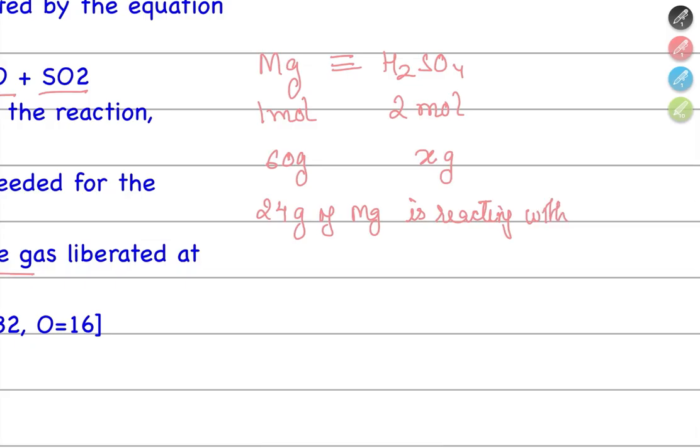Now 2 moles you can convert into mass by calculating the molar mass of sulfuric acid and multiplying by 2. RMM of sulfuric acid is 98, so it will be 2 into 98 gram.